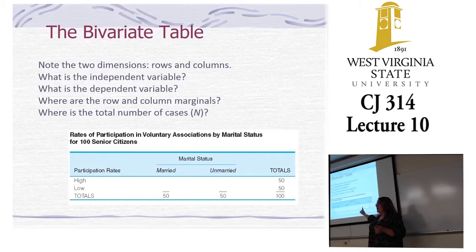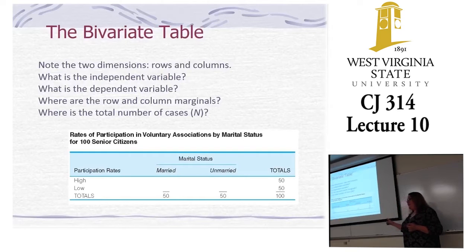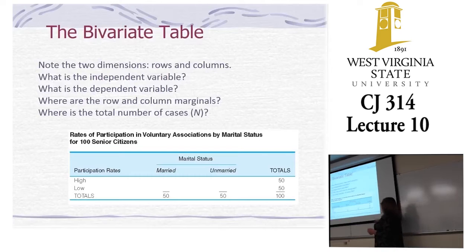So we're saying marital status is our independent variable. Volunteer status is our dependent. Note the marginals. 50 with high, 50 with low, 50 that were married, 50 that were unmarried.